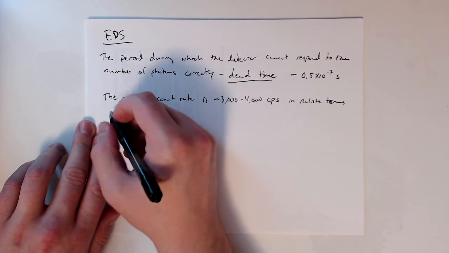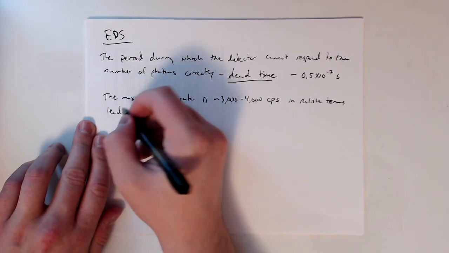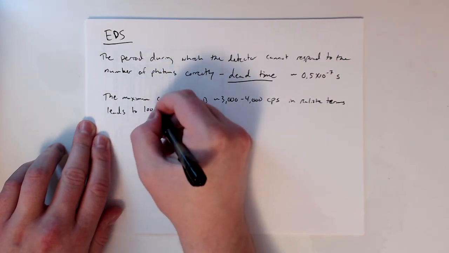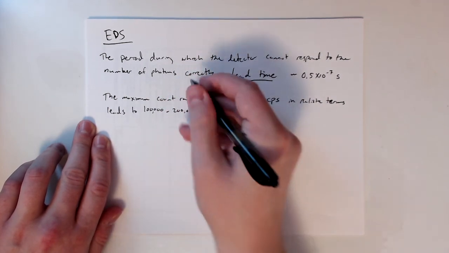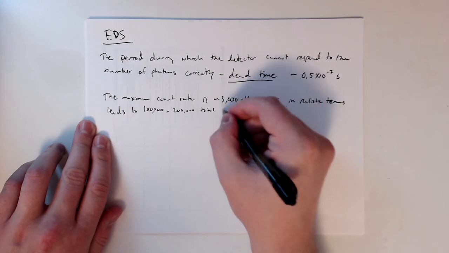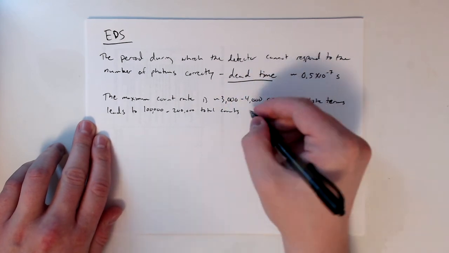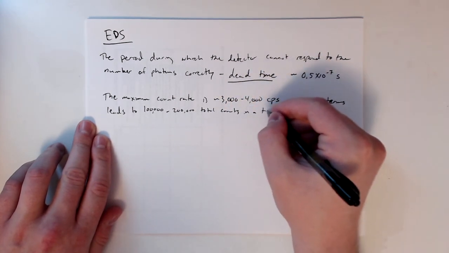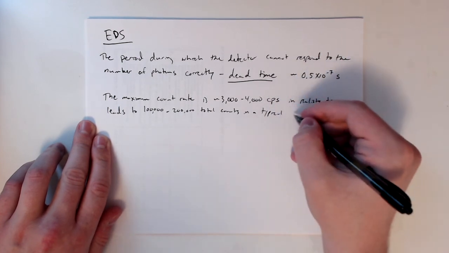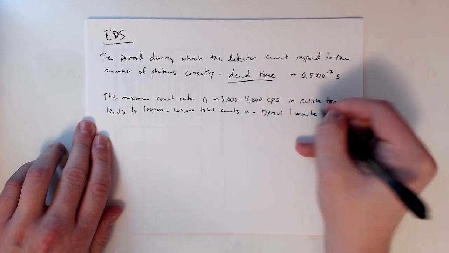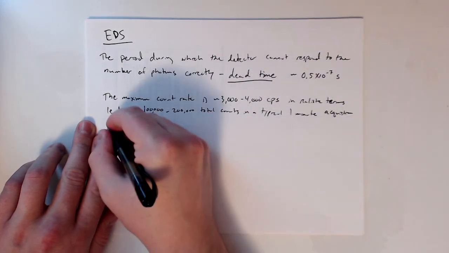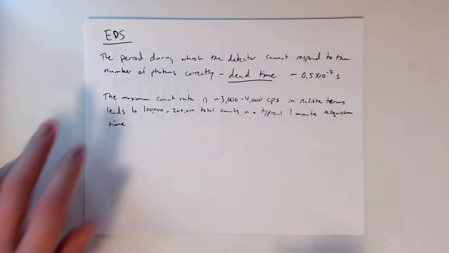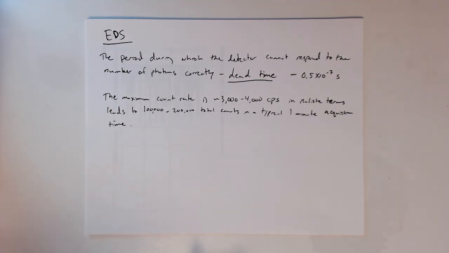And this leads to 100,000 to 200,000 total counts in a typical 1 minute acquisition time. So this dead time limits how many overall counts we can actually detect.